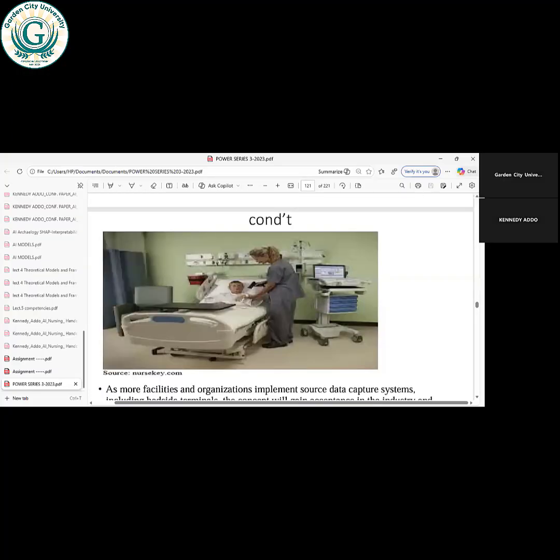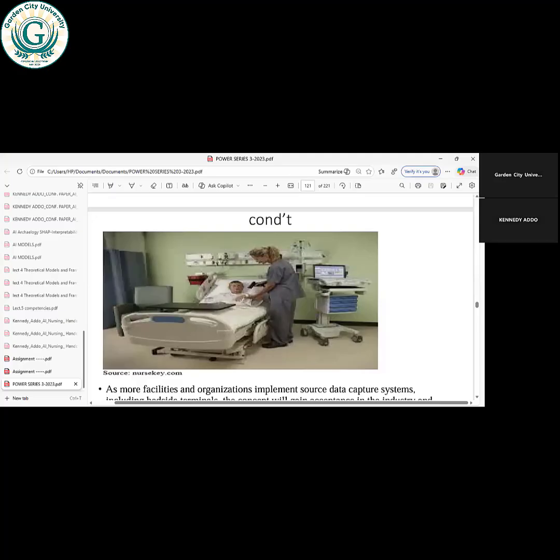So if you look at this one, we see this wheel where it comes with a computer system that we can pull back and forth, right? So it is also another way that we can look at it and then improve upon our work. Instead of getting, let's say, one computer for about 20 patients, we can also go this way.